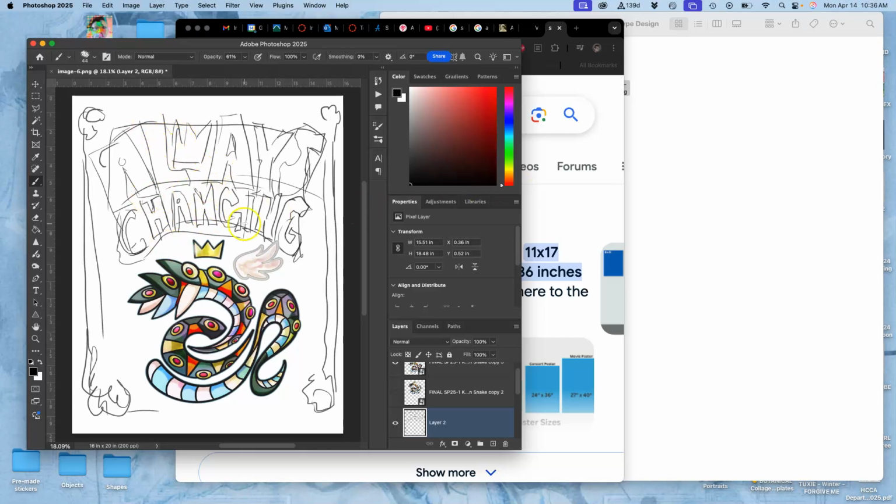And then I see an opportunity here where my always changing can echo the crown in the design. You see that? So sometimes you'll just see things as you're designing. So my W can be a little bit non-normative to look like a crown.